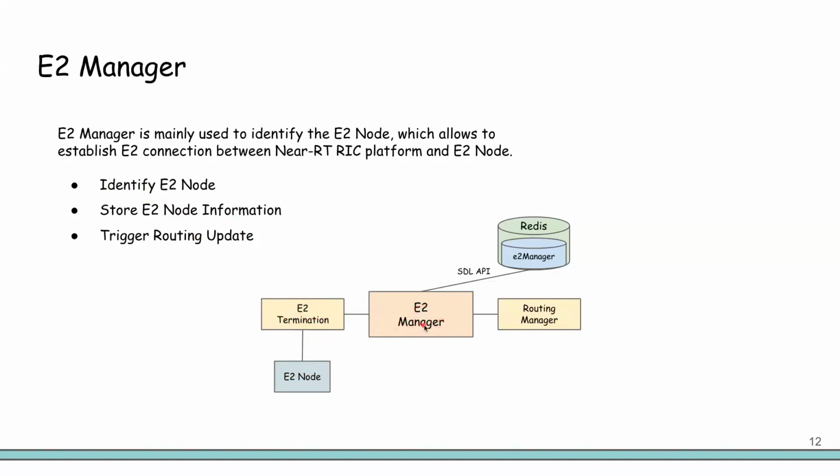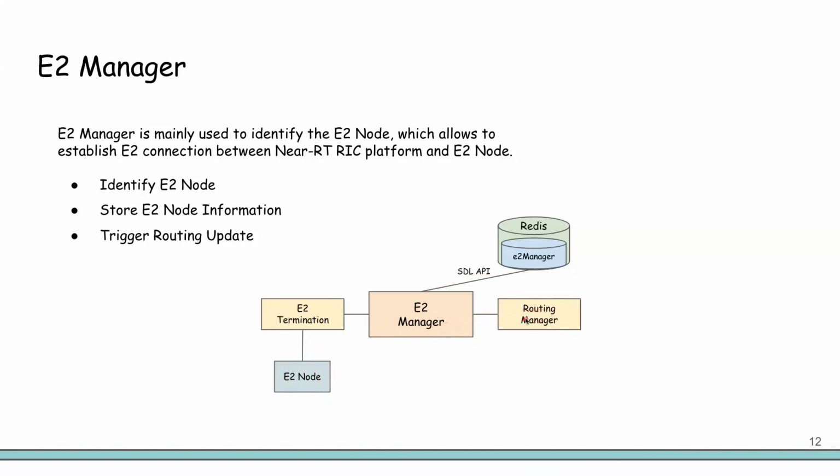E2 Manager would identify this message. If E2 Manager decides to accept this connection, it will ask the routing manager to create a routing path for communicating with the E2 node.